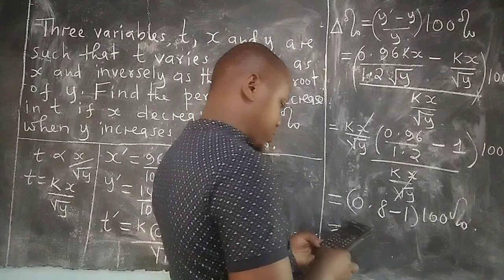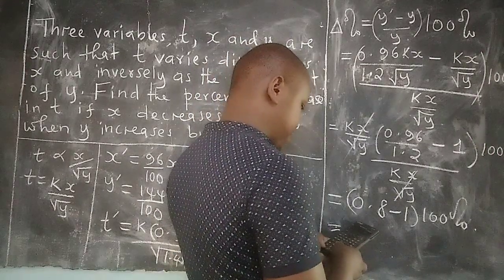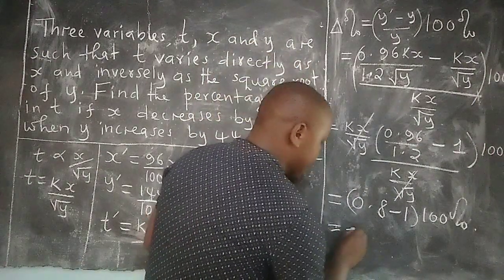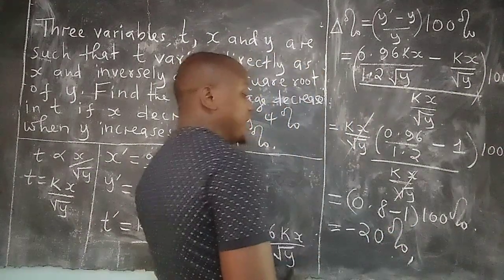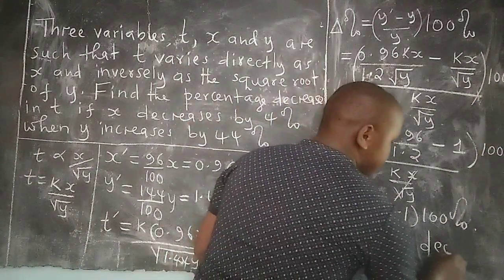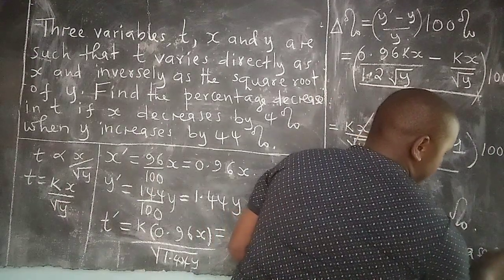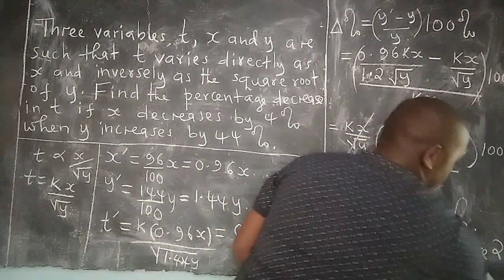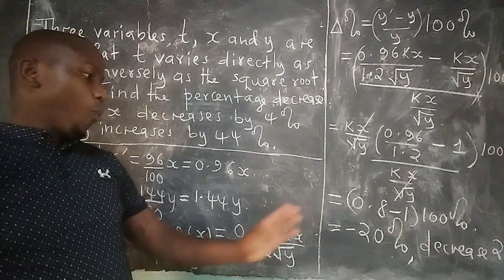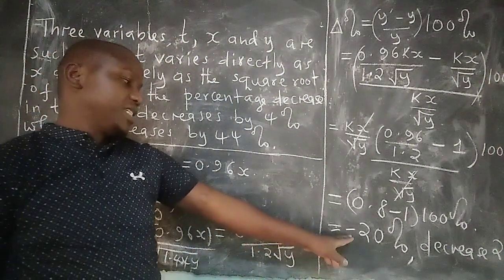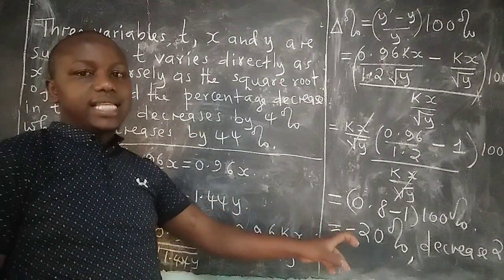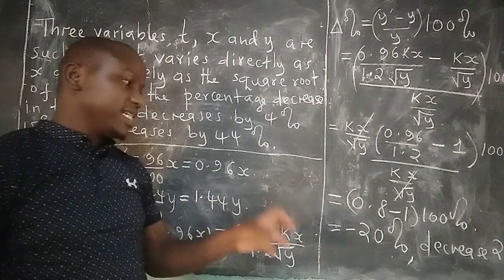Therefore, when we subtract 1, then we express as a percentage, we are getting negative 20%, which means the value decreased by 20%. Therefore, when the change percentage is having a negative, then the negative indicates that the value has decreased.